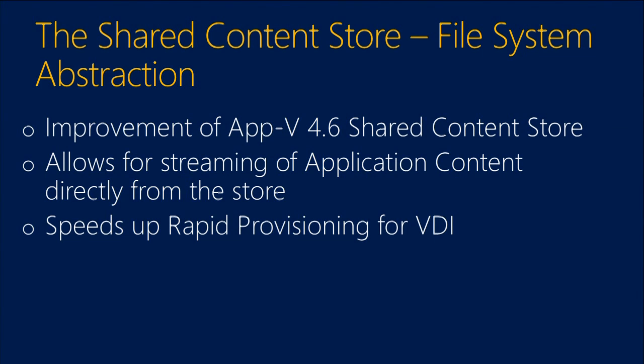So we said, okay, why don't we just have the content store and we'll stream it down into memory directly, and we will not have to ever worry about whether the application is installed on the machine or, in the case of AppV, is actually mounted on the machine.